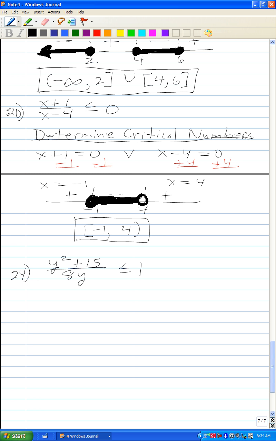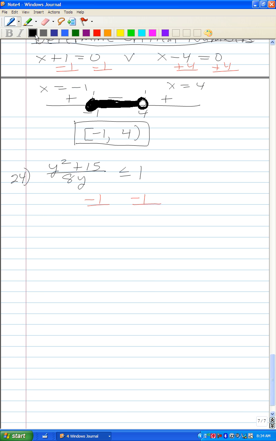Okay? And so, this is not in standard form. So let me subtract 1 from both sides of my inequality. So I have here y squared plus 15 over 8y minus 1 is less than or equal to 0. Well, let me get a common denominator.